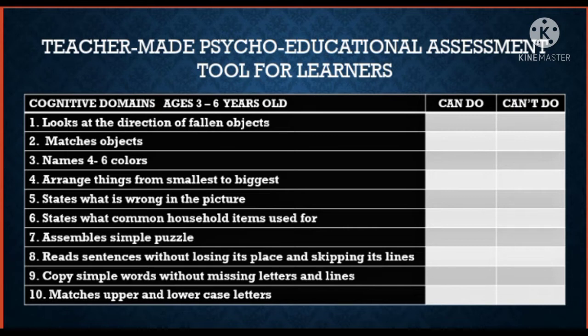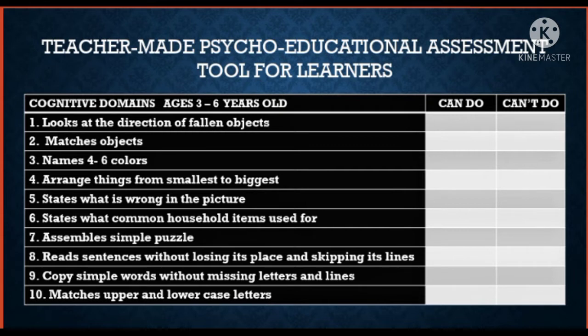Number 1. Looks at the direction of the following objects. 2. Matches objects. 3. Names 4 to 6 colors. 4. Arranges things from smallest to biggest. 5. States what is wrong in the picture. 6.